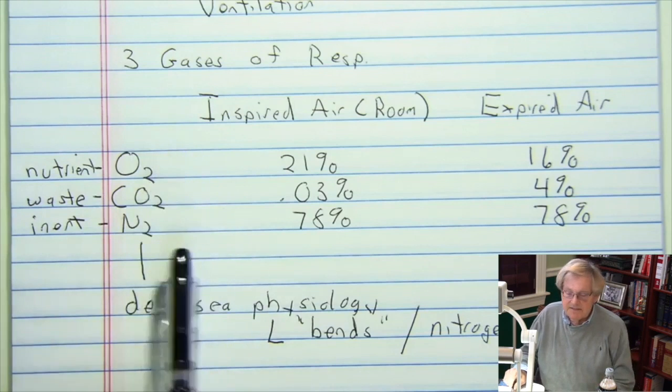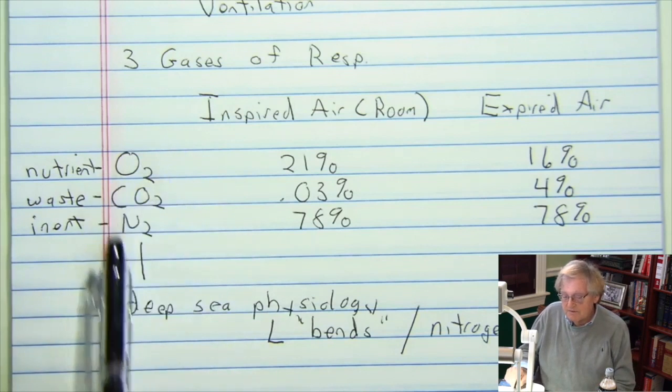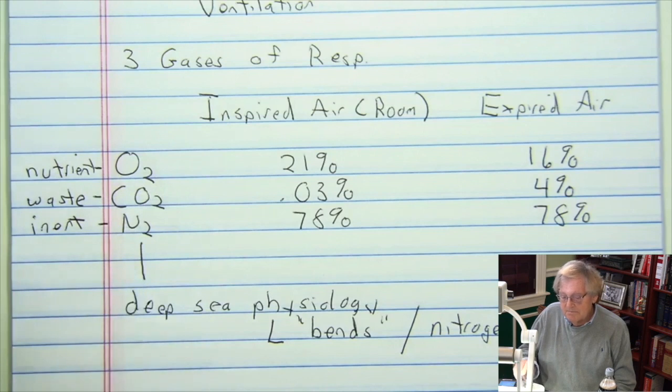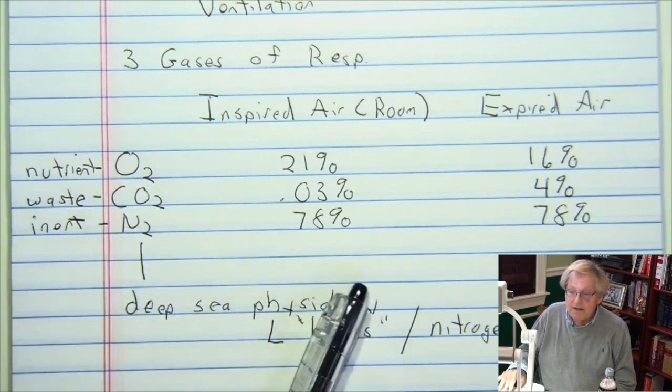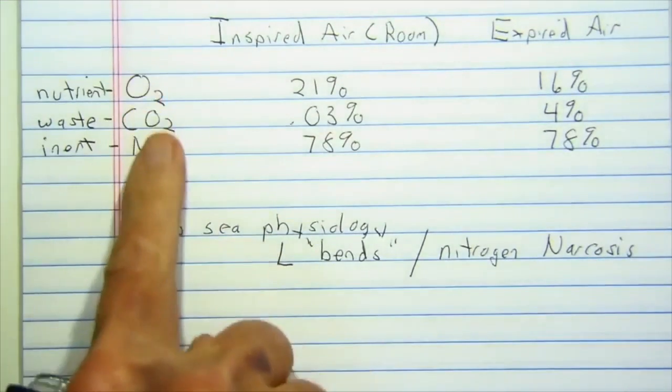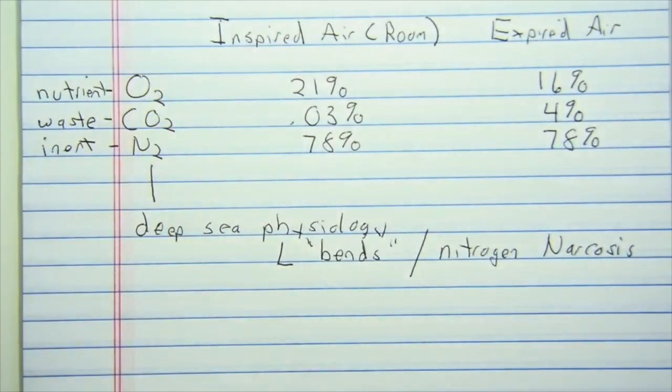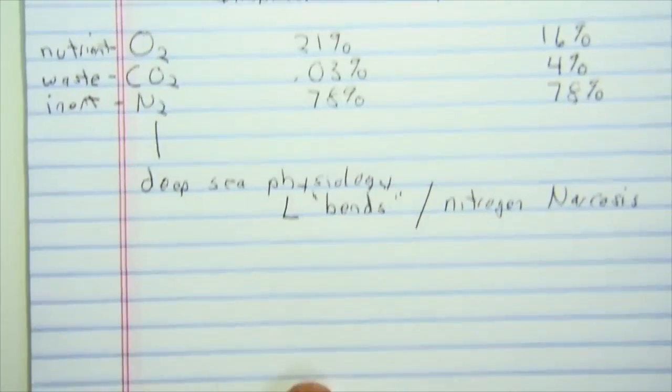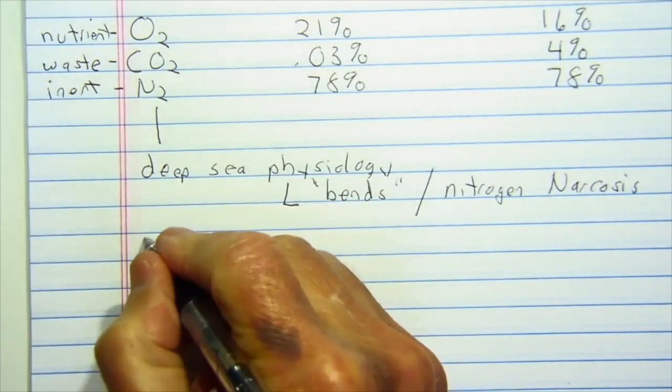So don't think of these gases, once they're inside of the body, as being air bubbles floating around. They're actually dissolved in the plasma. So again, 3 gases of respiration. And then we also have to think about the 3 pressures of respiration.